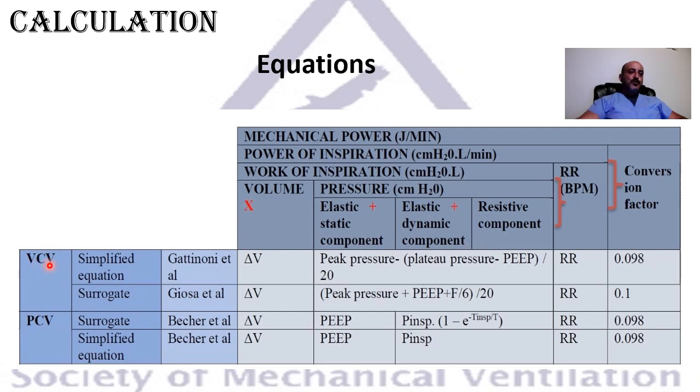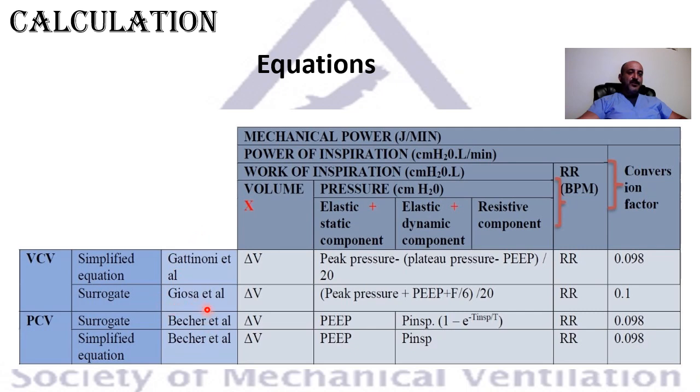So in volume control mode, there's another simplified equation by Gattinoni, which is the first one: tidal volume multiplied by the peak pressure minus the plateau pressure minus PEEP, which is basically the driving pressure, divided by 20, and multiplied by the respiratory rate. This gets us the power of inspiration, and then the conversion factor gets us mechanical power.